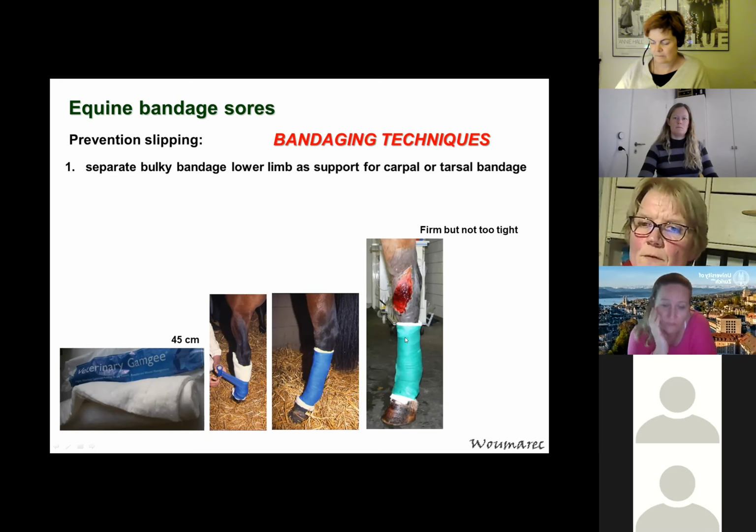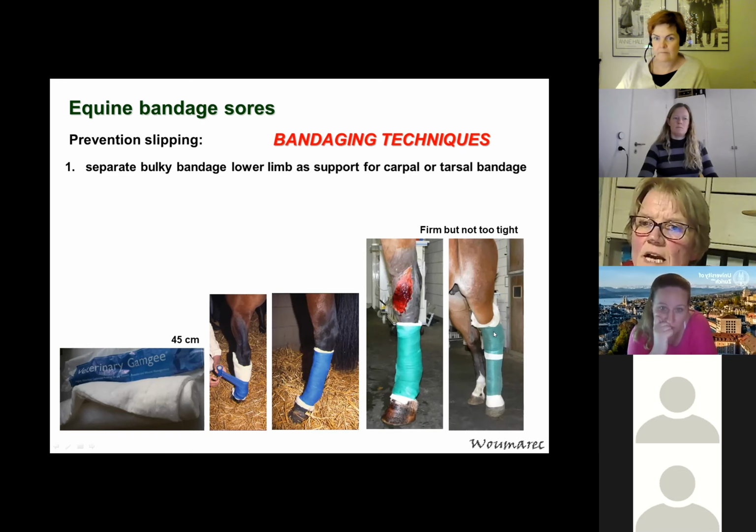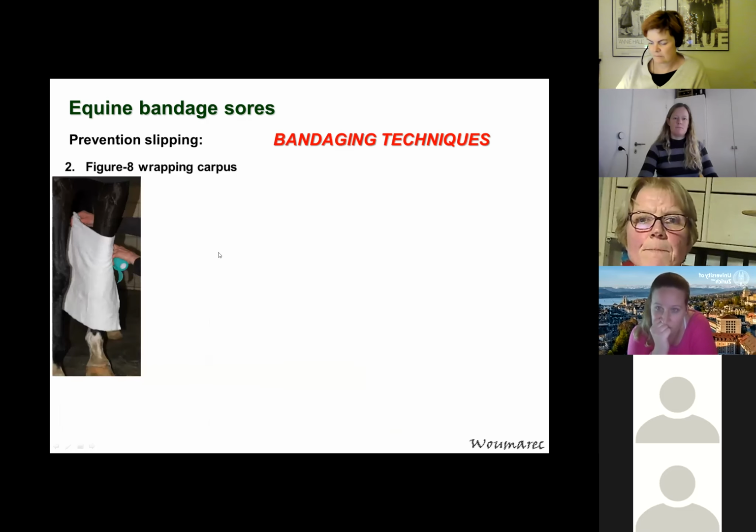And then on top of this bandage, you apply the bandage for the tarsal wound or the carpal wound. And this cannot slip down because it's resting on the lower limb bulky bandage. This bandage should be firm, but should not be very tight. So it should be a good fitting bandage. So that's one of the ways that you can prevent slipping.